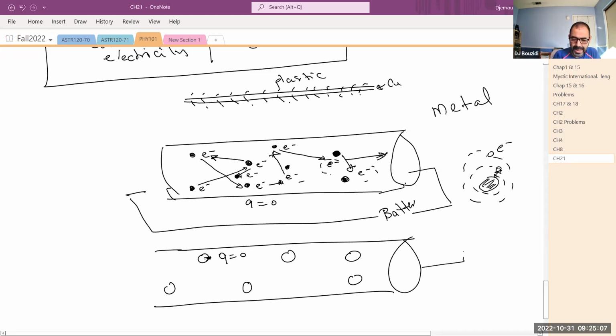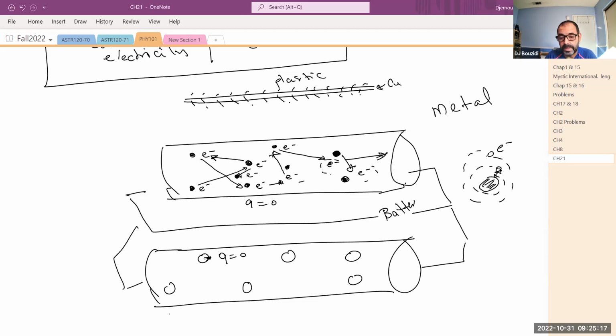This one, though, if you put a battery across it, nothing is going to happen unless you exceed a certain voltage, in which case you get a breakdown. You know, the lightning, because the air is neutral, and as the clouds start to rub against one another, they build up charges. Obviously, the lower end of the cloud has a different charge than the upper end of the cloud.